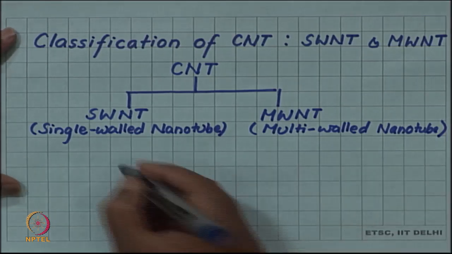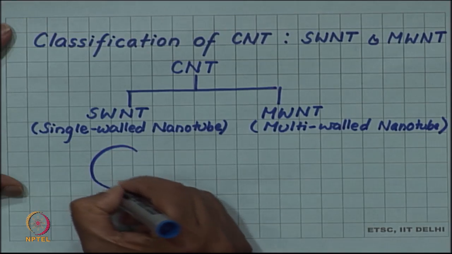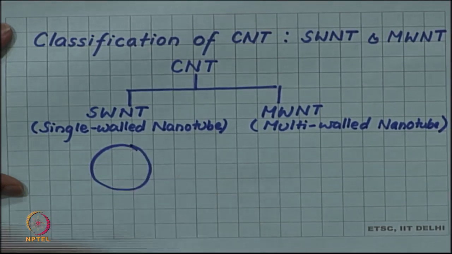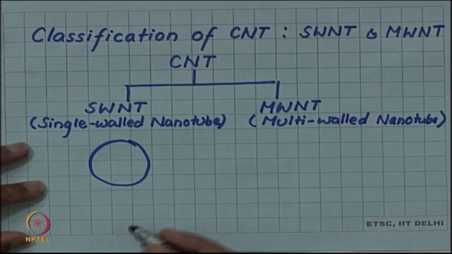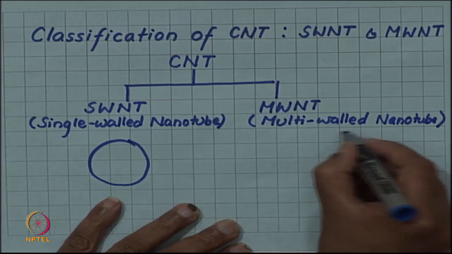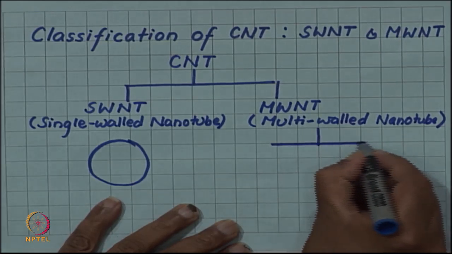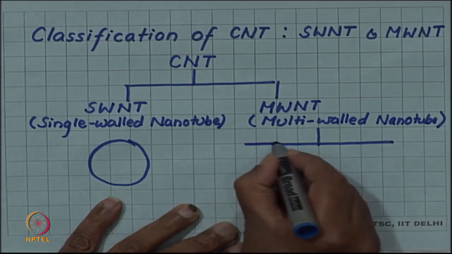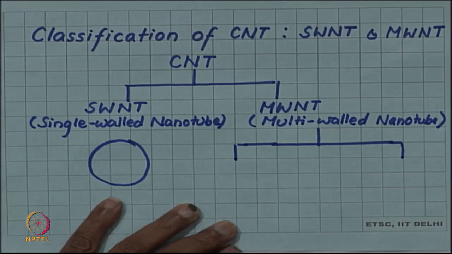The name itself is self-explanatory. In a single walled nanotube, a single graphene sheet is rolled into a tube form. So, you have a single tube. A multi-walled nanotube has several walls, and again can be classified into two types depending on its structure.